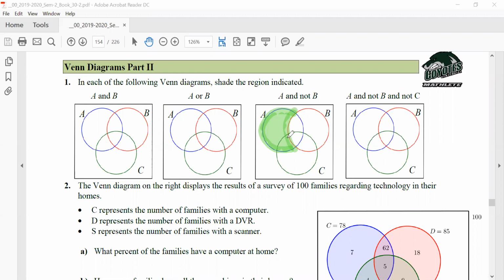Okay, last one here. A and not B and not C. Well, that's a mouthful. Maybe let's see if we can say that in a different way. I'm in A, I'm not in B, and I'm not in C. Well, that means I'm in A only again. A little bit easier to write that way, isn't it?